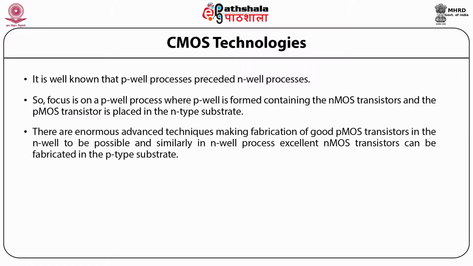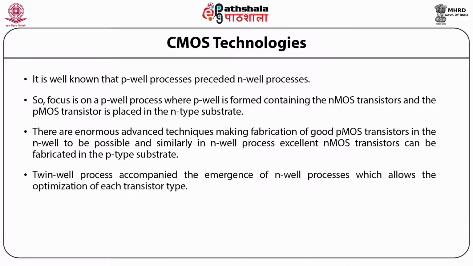There are enormous advanced techniques making the fabrication of good PMOS transistors in the N-well possible, and similarly, in the N-well process, excellent NMOS transistors can be fabricated in the P-type substrate. The twin-well process accompanied the emergence of the N-well process, which allows the optimization of each transistor type.